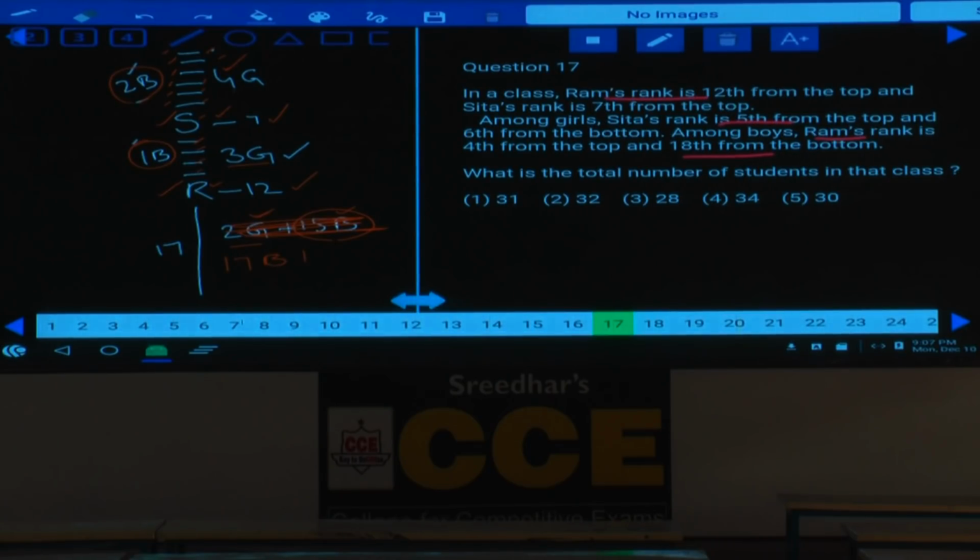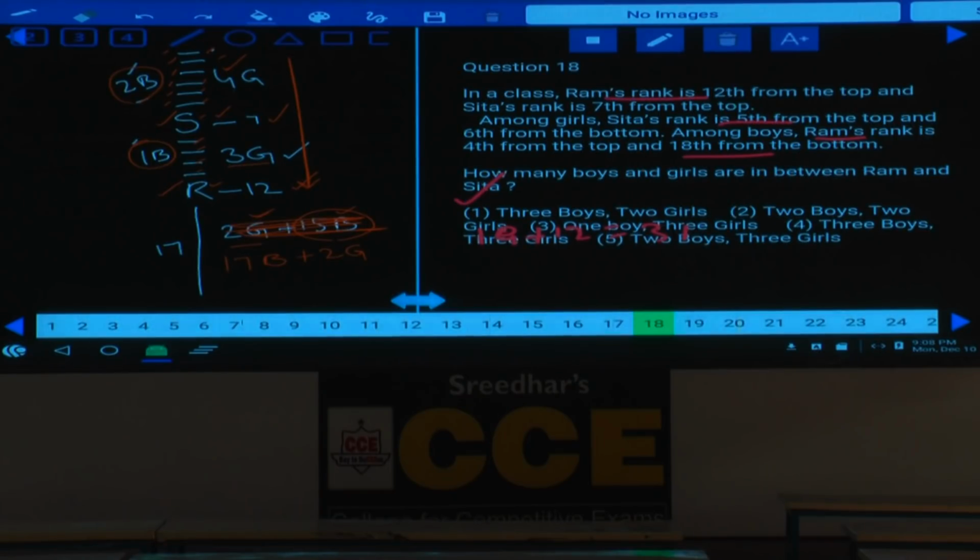If there are 17 boys, and 2 girls were already there at this place, then tell me the total number of students. 17 plus 2, 19, and 19 plus 12 persons before, in total 31 students. Total number of students is 31. Done with this? Then next one, question number 18.